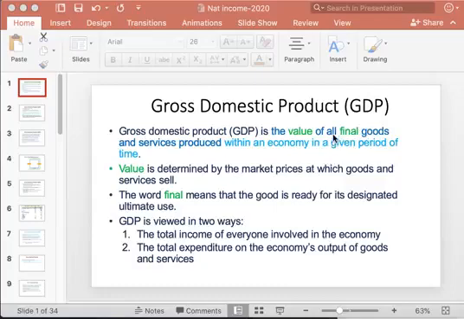And the term final goods and services here, the final here means that the good is ready for its designated ultimate use, and the goods and services produced within an economy refers to final goods and services.